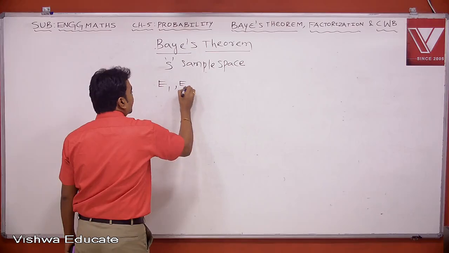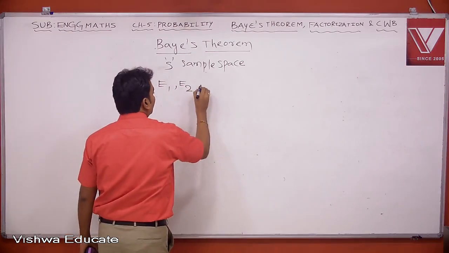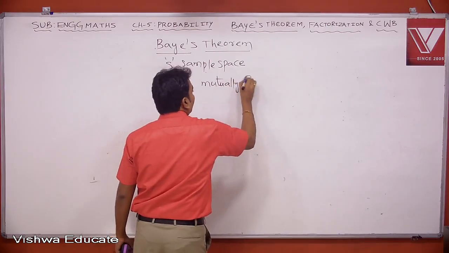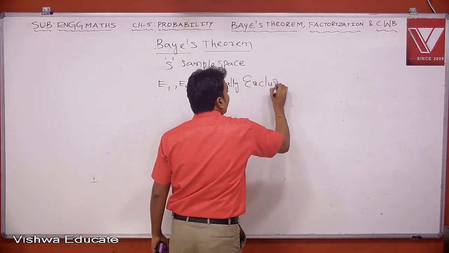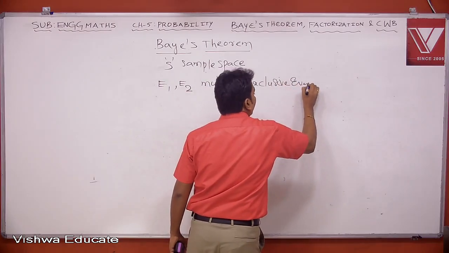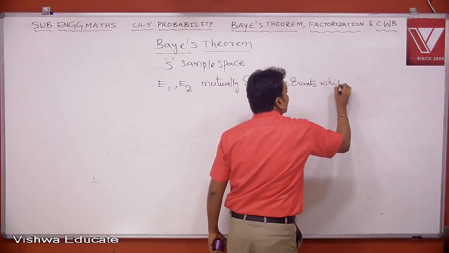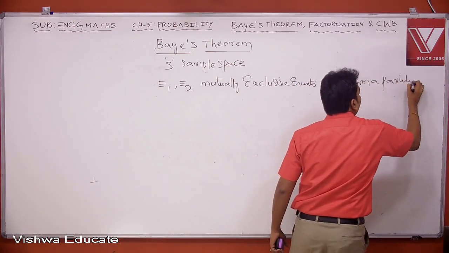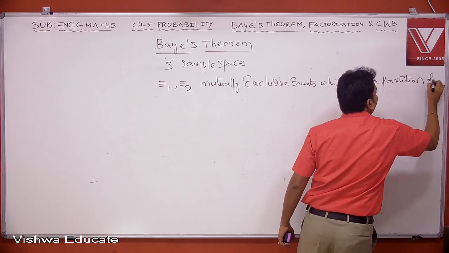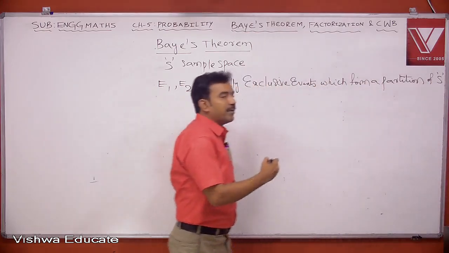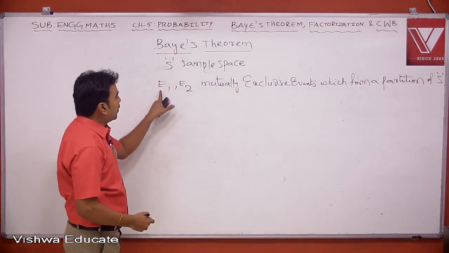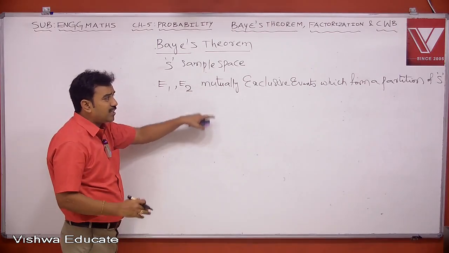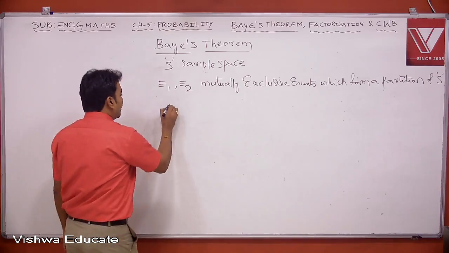Suppose we have two mutually exclusive events, E1 comma E2, which form a partition of S. So we know the meaning of partition of S. Here E1 and E2 are mutually exclusive events which form a partition of S. What does it mean?